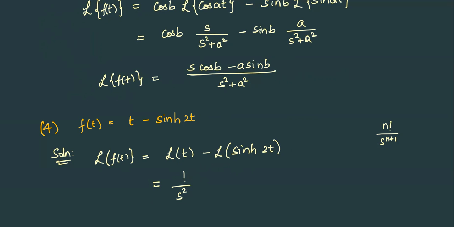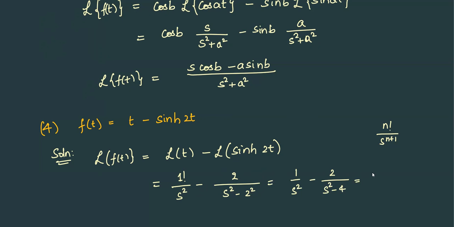by s square. And this is 2 by s square minus 2 square. So it is 1 by s square minus 2 upon s square minus 4.